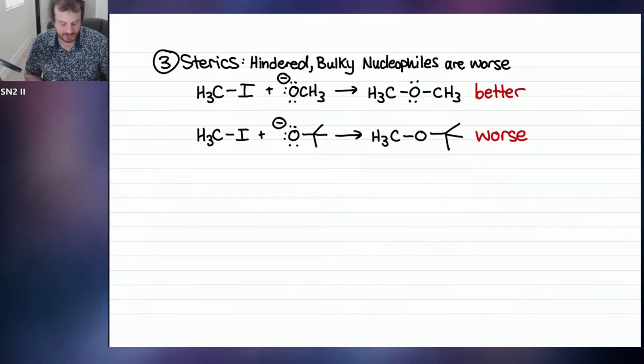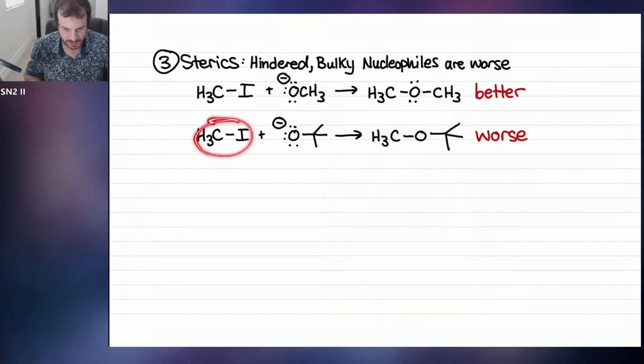In fact, the tert butoxide nucleophile is so bulky, the only time it works in an Sn2 reaction is with the methyl leaving group substrates, because only these substrates are so good at Sn2, they'll do Sn2 with pretty much anything, even a crappy nucleophile like this, which is way too bulky. If you start making this a primary, even secondary, definitely if you make it a tertiary substrate here, this reaction fails.